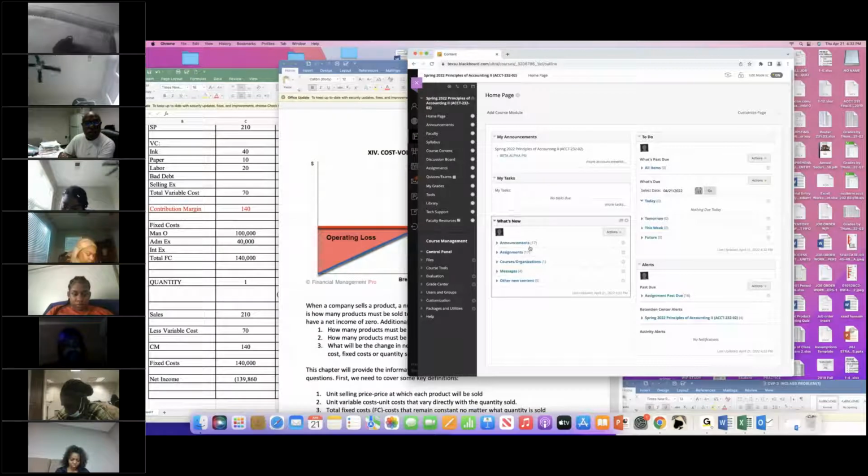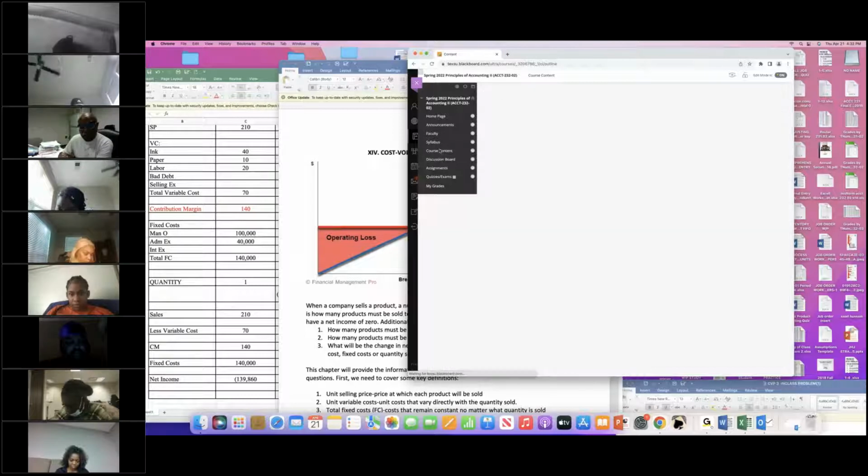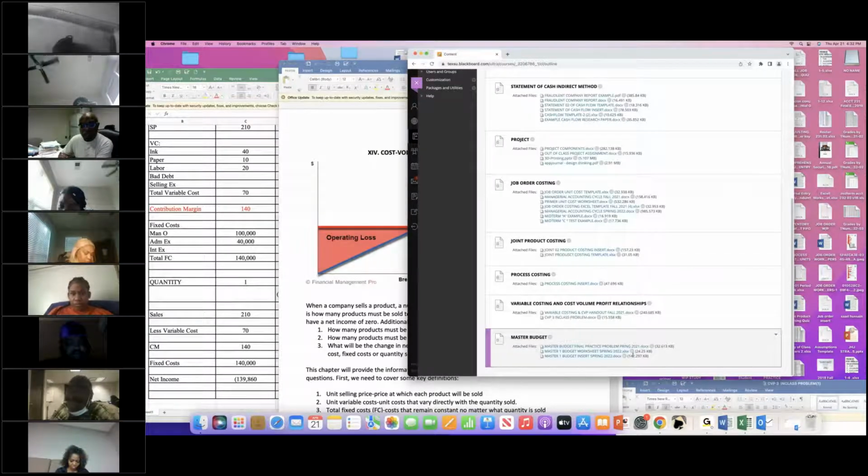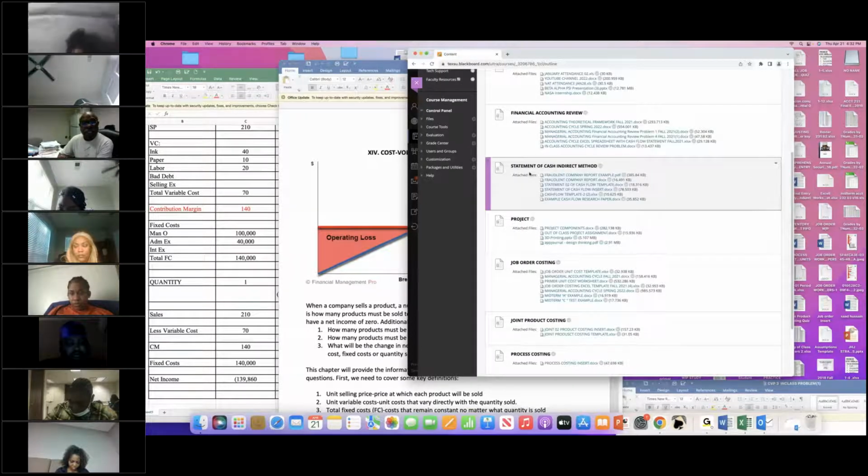Just go with rent rather than buying a building, because most times people rent a building. Because $1 million is a lot. When is the project due? I guess at the date of the final, unless you finish earlier. Let me see what I'm looking at. Assignments.